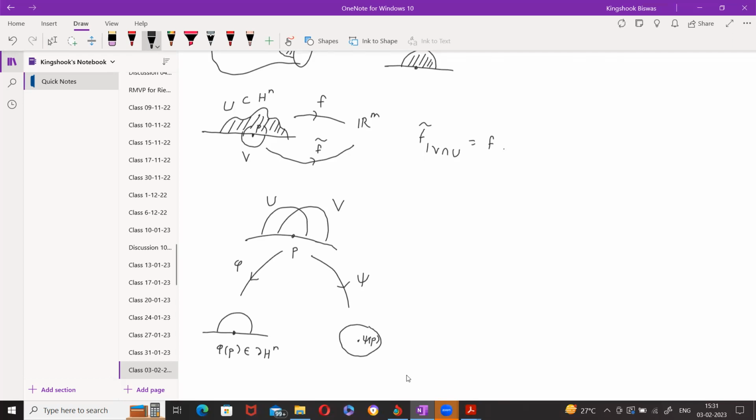And then I can look at the change of charts map going this way. So say sigma. This is phi composed with psi inverse.